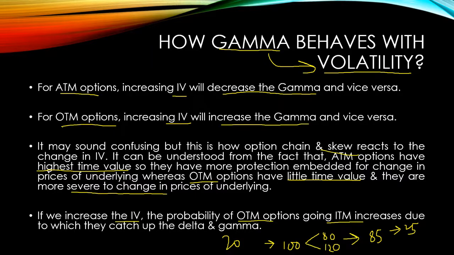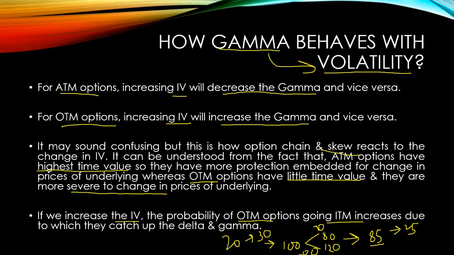What would happen if I increase this IV to 30? Let's say there is new news in the market and the IV of this stock goes to 30. So when this out of the money option has increased in IV, suddenly the new range of the stock will be 70 to 130.